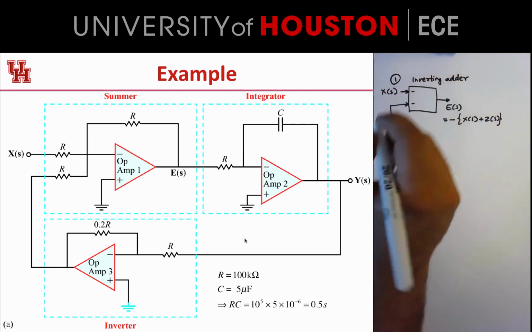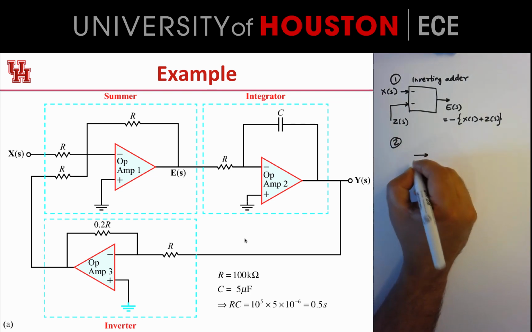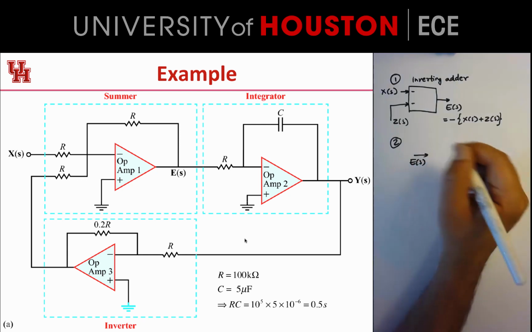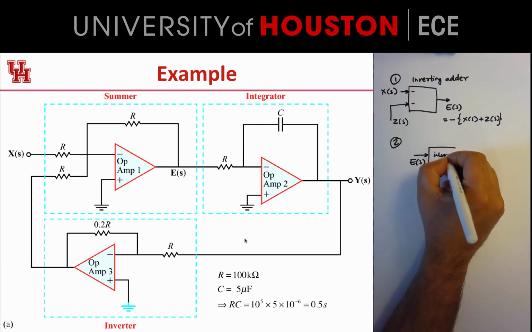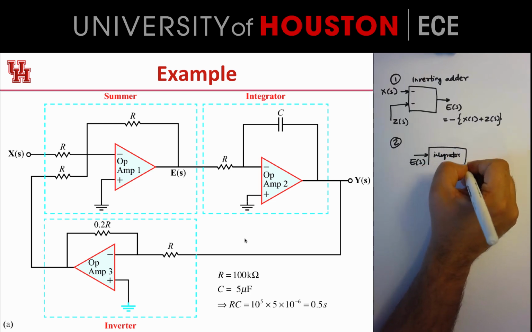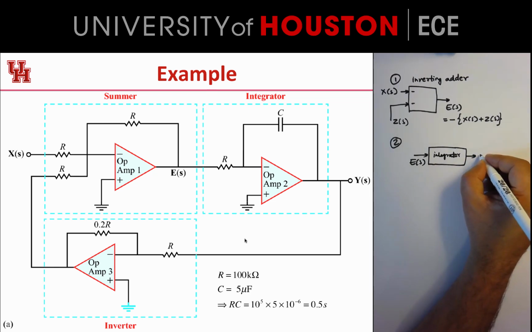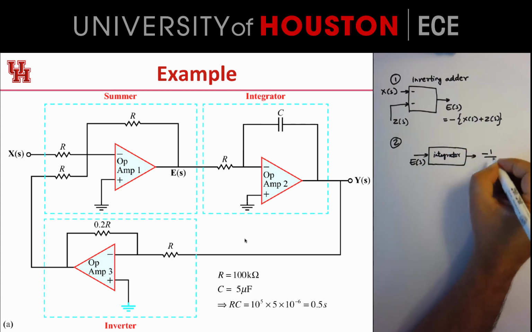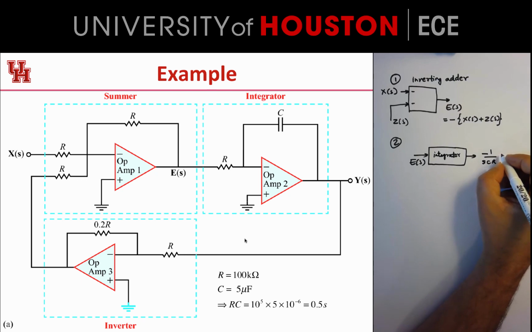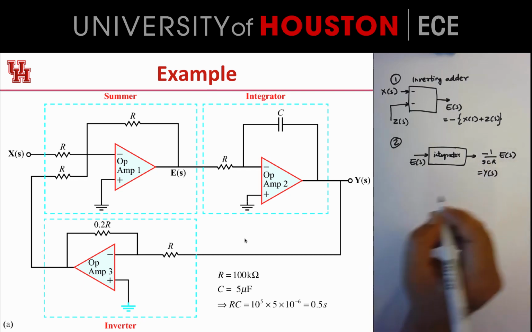Now for op amp number 2, we have the signal E(s) going in, and this signal is getting integrated. This is an inverting integrator, so what comes out is minus 1 over sCR times E(s), and this equals Y(s).